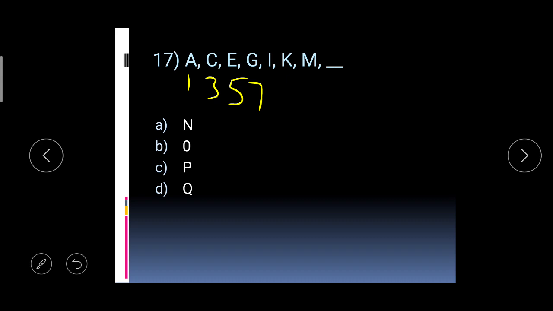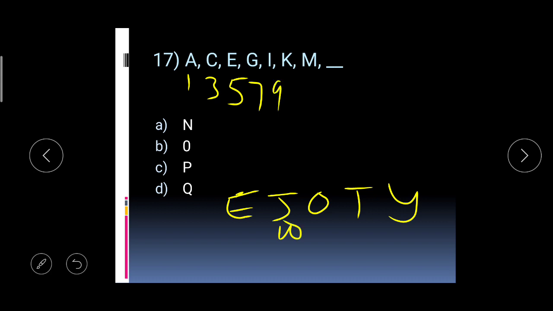I, again, how to find I? I know that before J I am getting I, right? So if J is 10, I am just writing EJOTY for your reference, so I know that the letter just before it is 9. K is after J, that means K has to be 11. M: we know N and O, O is 15, right?